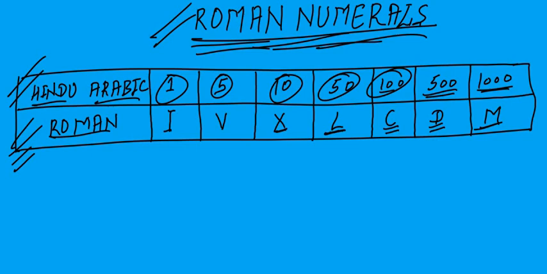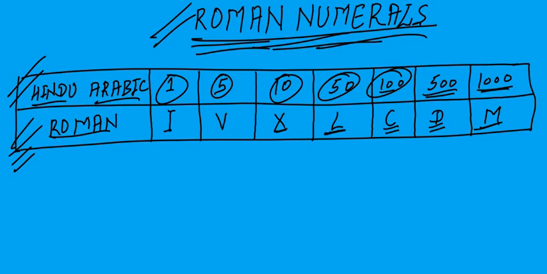Roman numerals are not very useful now because in earlier times we did not have Hindu Arabic numerals, so Roman numerals were used. At present they are only taught to small classes, like class 5 and class 6 students. They learn about Roman numerals and the history of number systems. That's why we use Roman numerals.